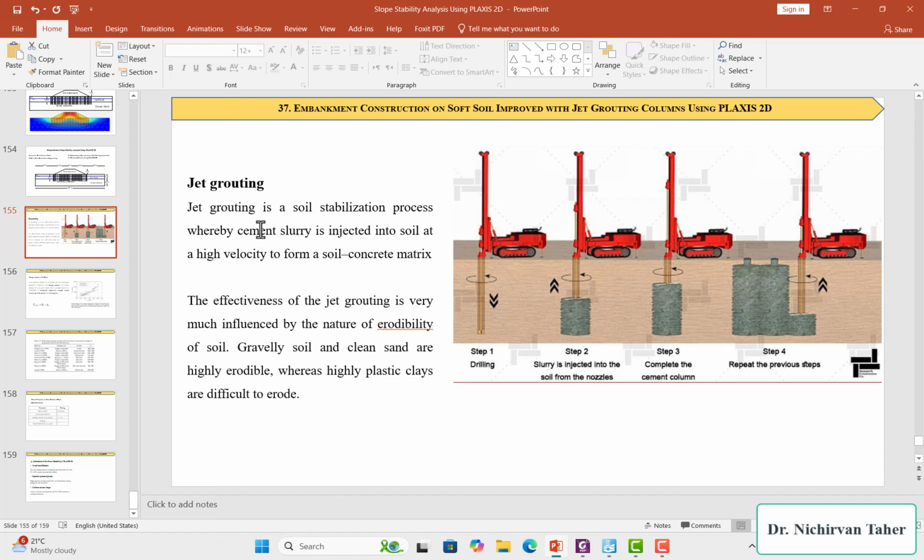However, this improvement method is not very effective in very high plasticity clays because they are difficult to erode. However, it can be used in clay soil as well, but it is mostly effective in gravelly soil or sandy soil.